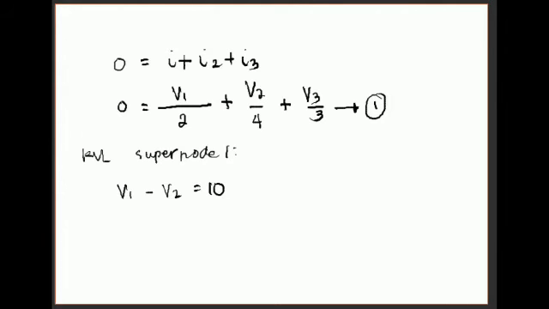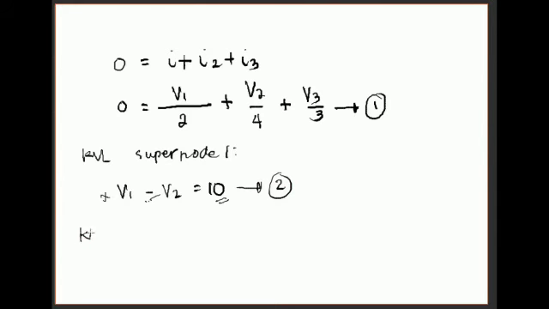For each supernode, to make an equation out of KVL, just take the potential difference between the 2 non-reference nodes, and the resulting difference must be equal to the magnitude of that voltage source. So for supernode 1, we have V1, since V1 is connected directly to the positive terminal, and then minus V2 since V2 is directly connected at the negative terminal of this 10 volt source. So this is our equation 2.